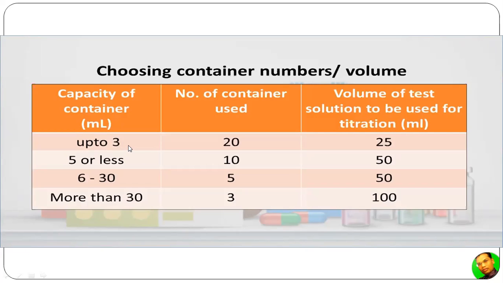So as the volume of the container goes on increasing, the number of containers goes on decreasing, but the volume to be tested goes on increasing. So there is both an inverse and a direct relationship between the number of containers and the volume to be used, with respect to the capacity of the container.